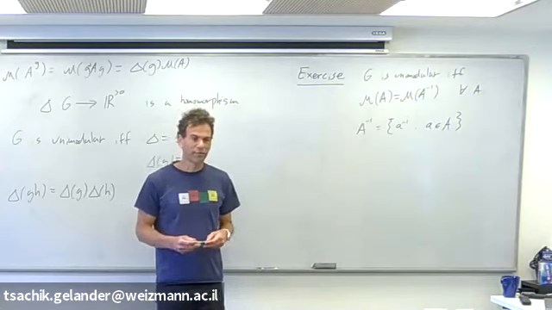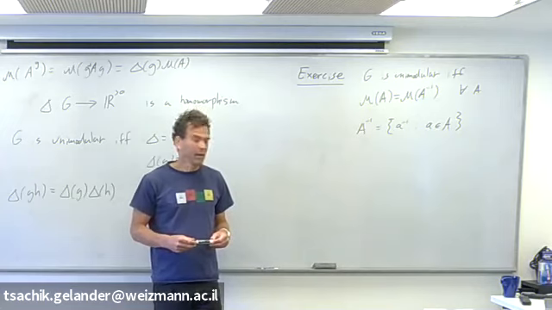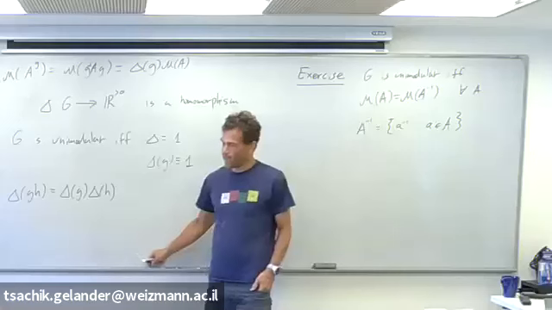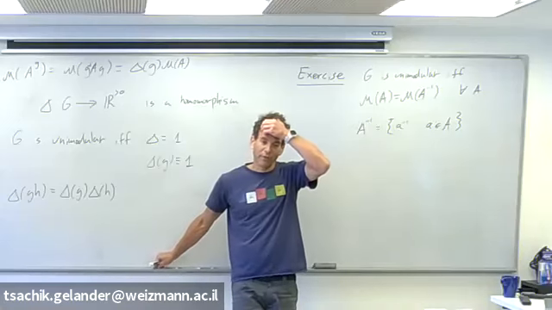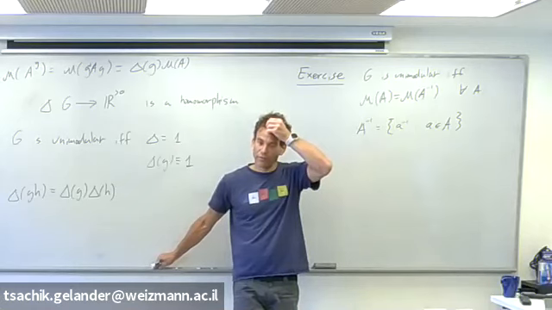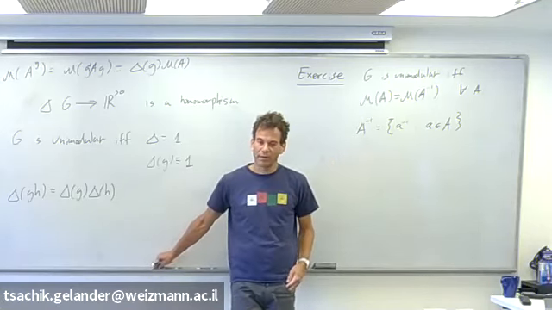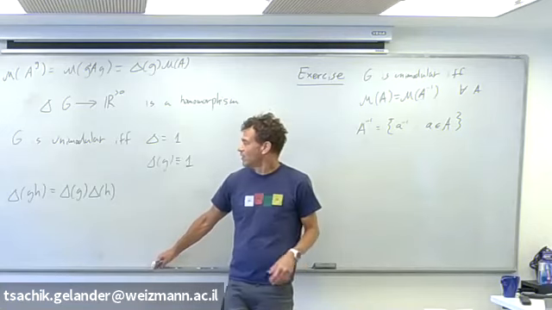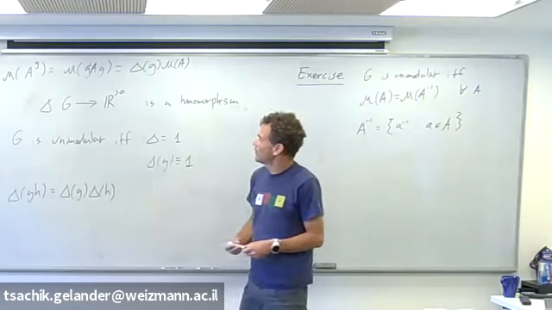Okay, what is the question? Yes, this homomorphism is always continuous. When I say that the Haar measure is Borel regular, this implies that it's regular.